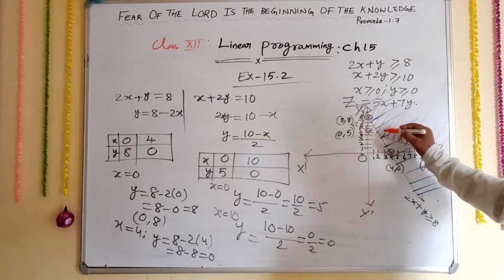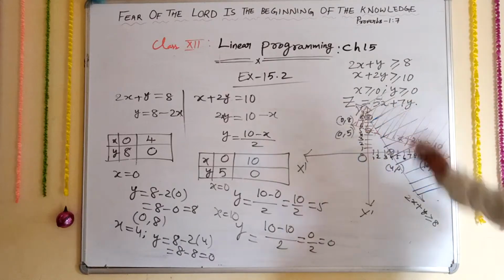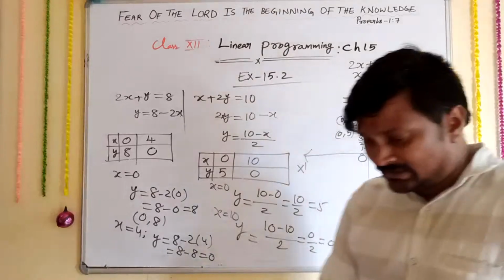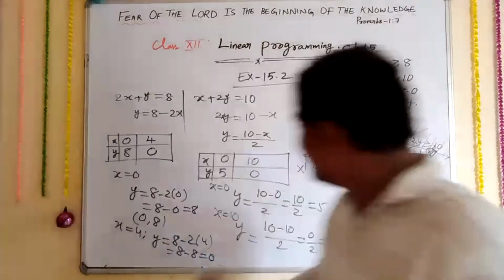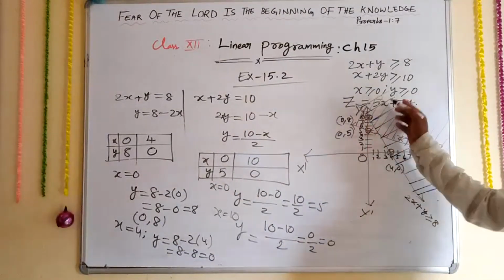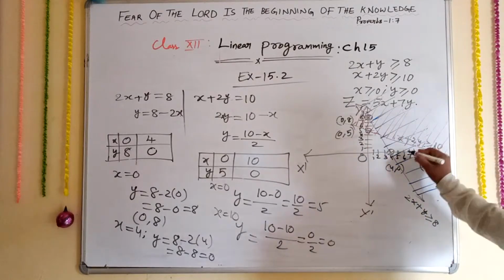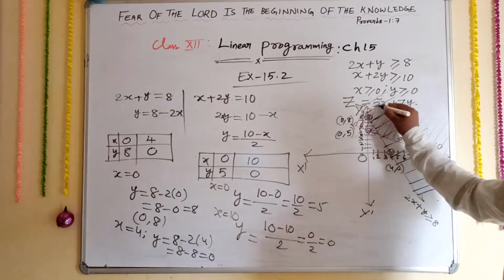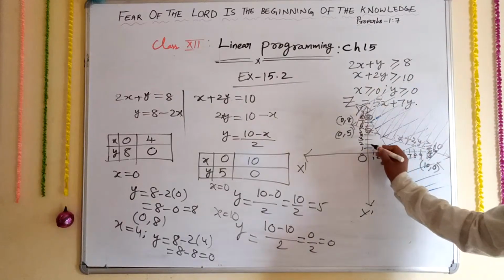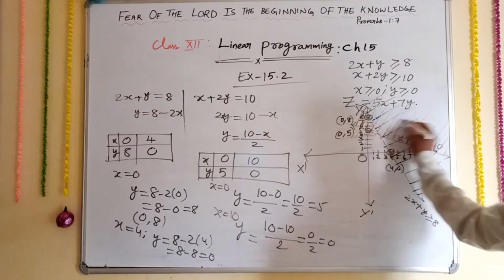So this is what you found. And remaining, what are those? x is greater than or equal to 0. That means this was the x is greater than or equal to 0. This. And y is greater than or equal to 0 is this.